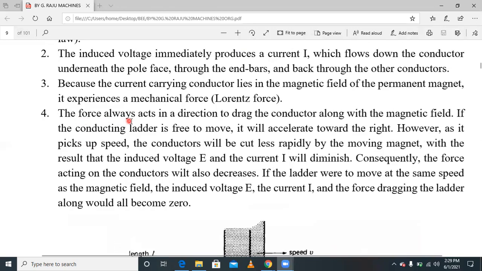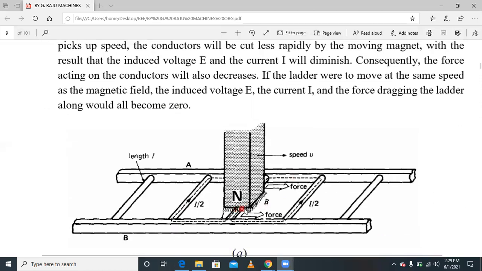The force always acts in the direction to drag the conductor along the magnetic field if the conducting ladder is free to move. That is called the rotor. Conducting ladder means, from our machine point of view, the rotor. If the conducting ladder is free to move, it will accelerate towards the right like this.